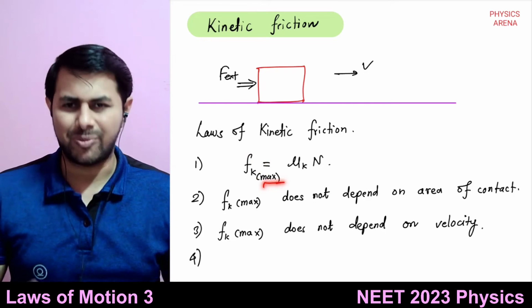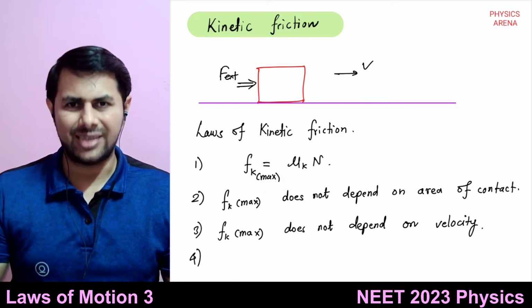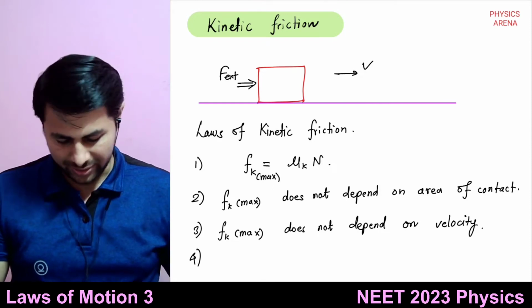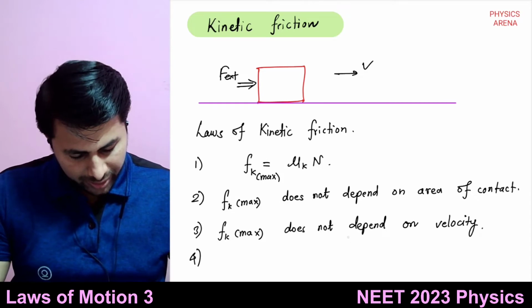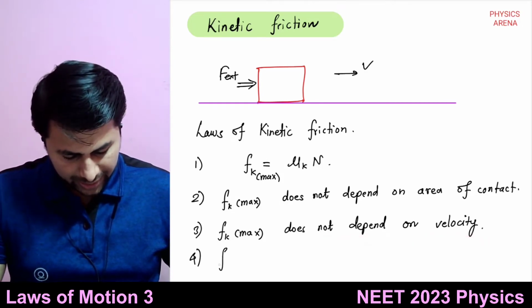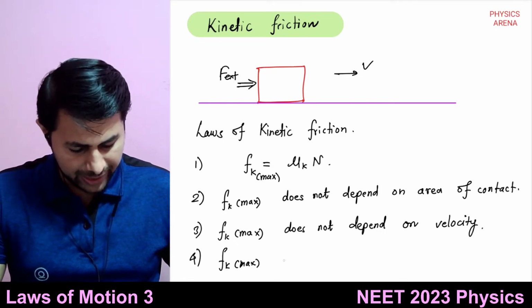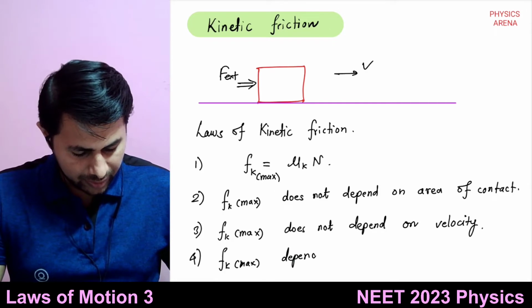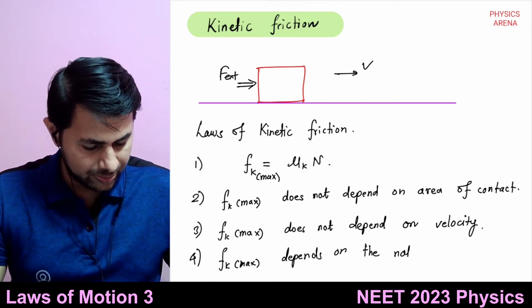There is no minimum or maximum value. Once it begins to slide, there will be some friction, and that is the kinetic friction. I'm writing max everywhere, but it is just kinetic friction. It does not depend on the velocity, and it depends on the nature of surfaces in contact.